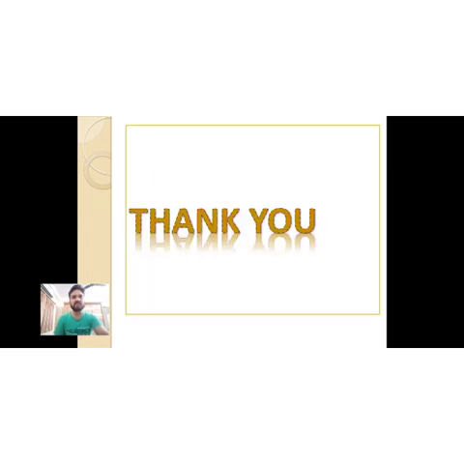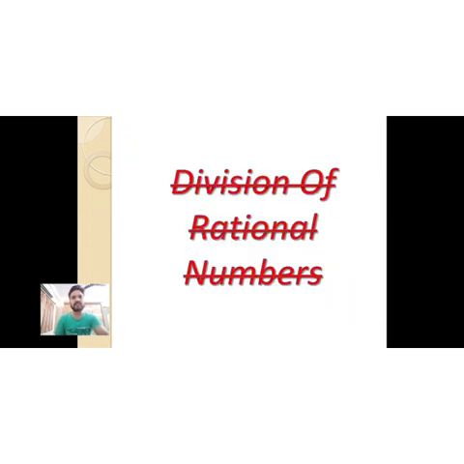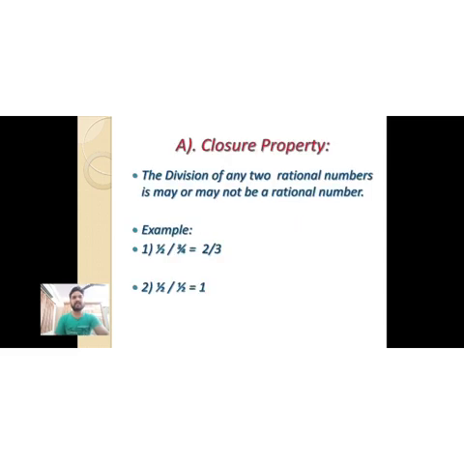Now we are going to the division of rational numbers. In the division of rational numbers we have only 3 properties. First, the closure property: the division of any two rational numbers may or may not be a rational number.